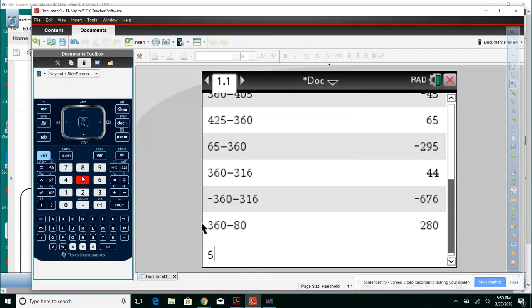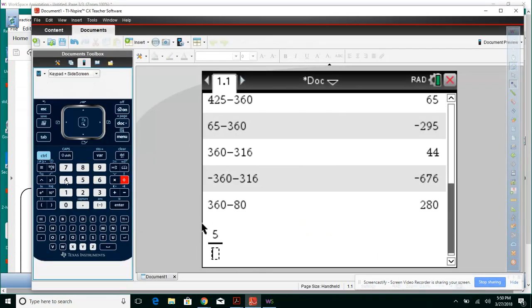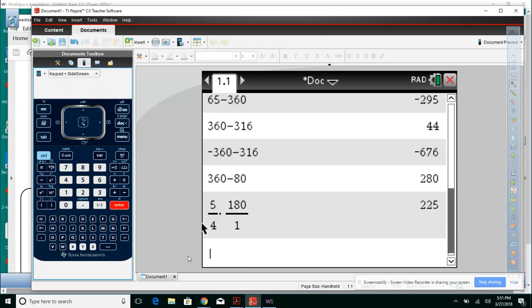So we're going to have 5 control divide over 4, and then times control divide, and we're going to put the 180 up top, and instead of pi, we're just going to put 1 there. And what do we get? 225?